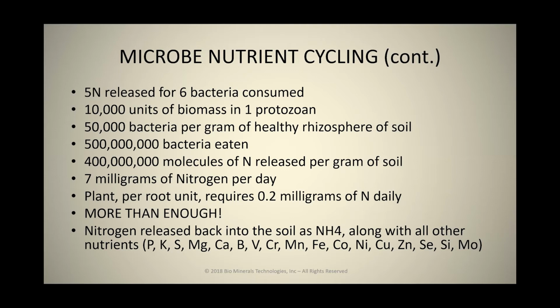That's 7 milligrams of nitrogen per day. Our plant per root unit requires 0.2 milligrams of nitrogen a day. So we have more than enough nitrogen produced through the predator-prey profile of protozoa-eating bacteria, nematode-eating fungi.